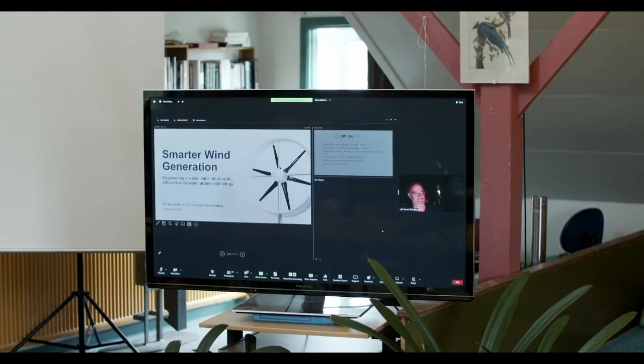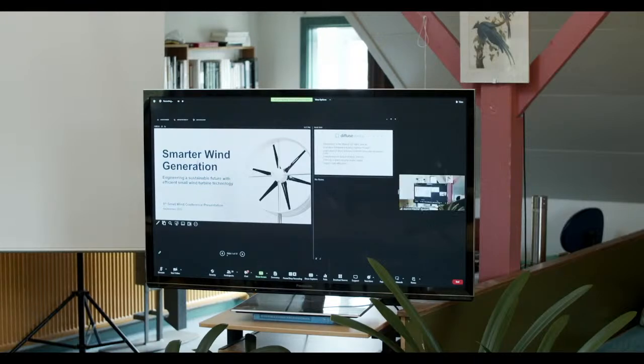Sorry, I'm just trying to... So hopefully you can see my screen now properly. So yeah, we're one on the other side of the world, and also probably a bit of a change of pace from small wind turbines to really small wind turbines. So James, really if you switch to presentation mode, we see also the next slide. What's going on there?